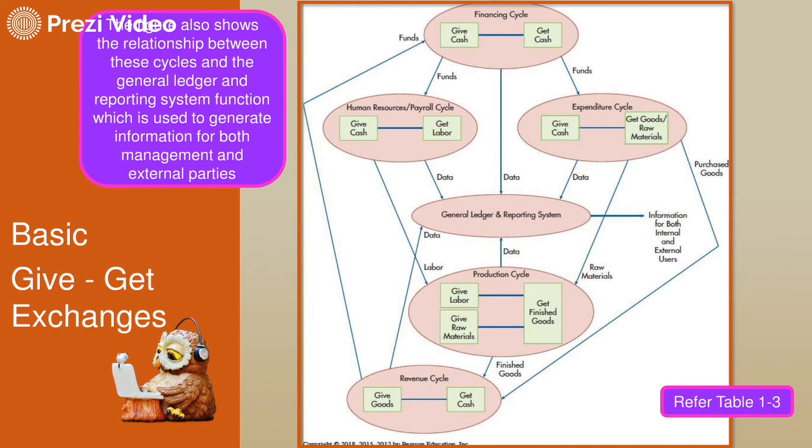You can see one outflow, the arrow going into the financing cycle, with the word funds there. That's cash they get from the customer. So you can see the in, out, and the interrelation from one cycle to another. This is the integration of the AIS and also the integration between subsystems.